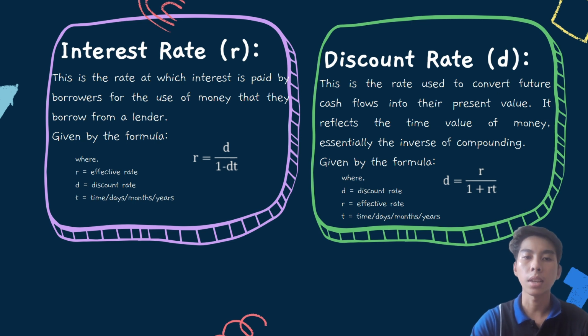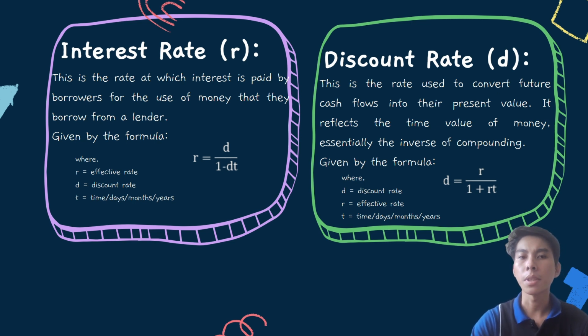Then next, the discount rate. This is denoted by D. This is the rate used to convert future cash flows into their present value. It reflects the time value of money, essentially the inverse of compounding, given by the formula D is equal to R all over 1 plus RT, where D is the discount rate, R is the effective rate, and T is the time, which goes by days, months, or even years.